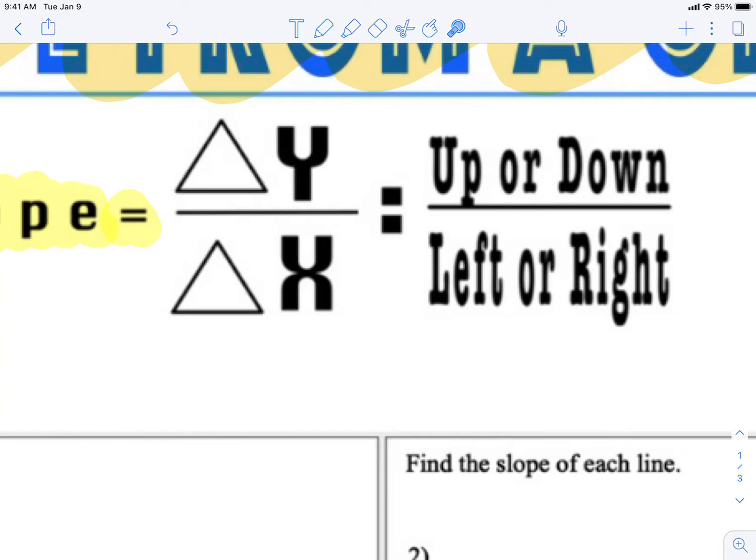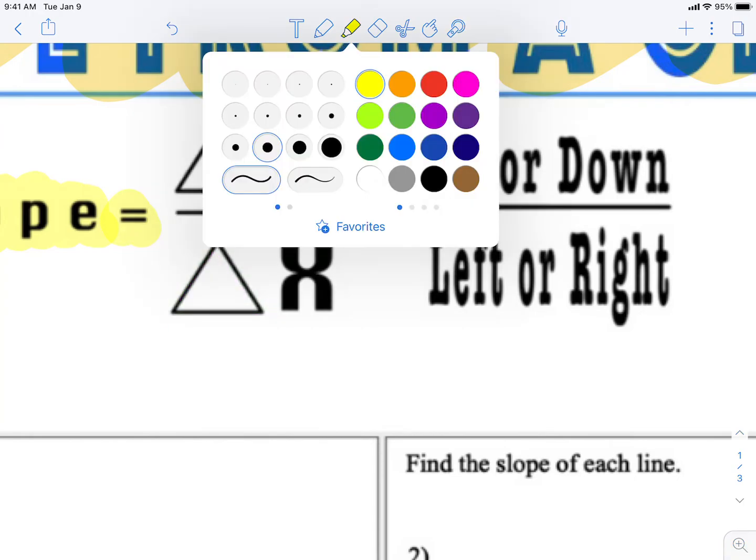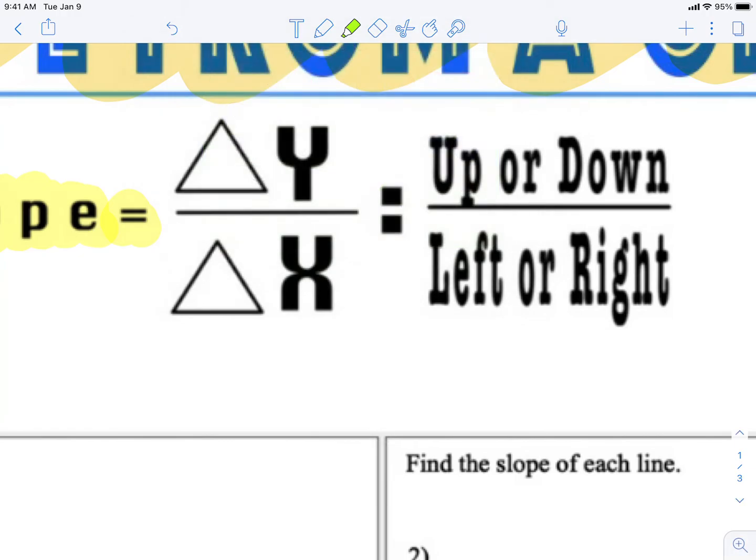Now this triangle right here, in Greek letters, is delta.